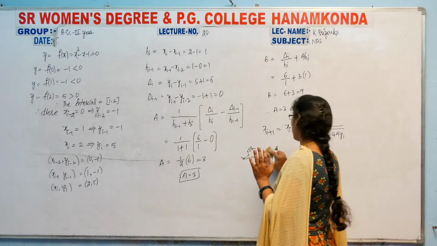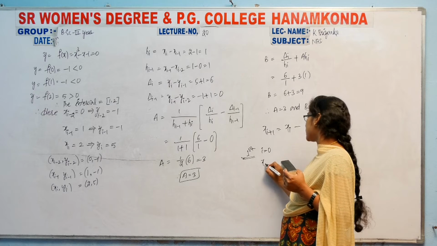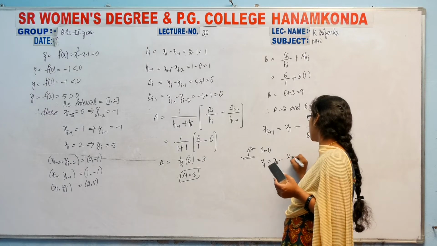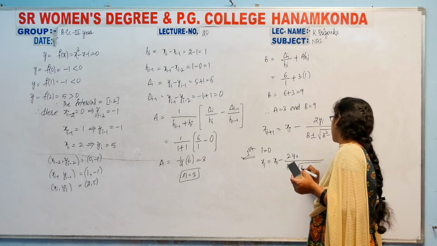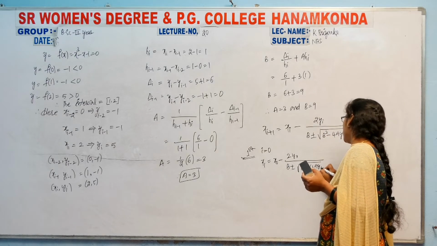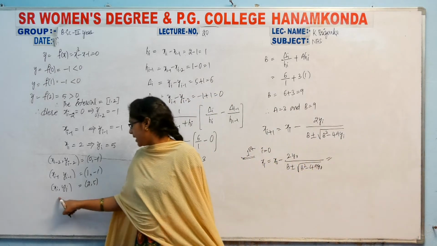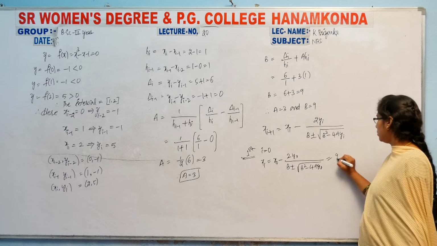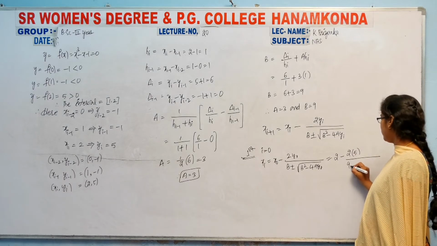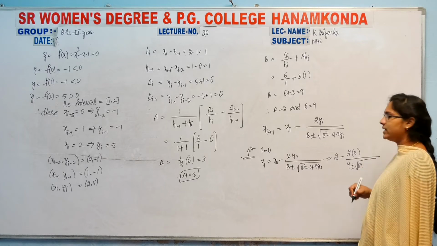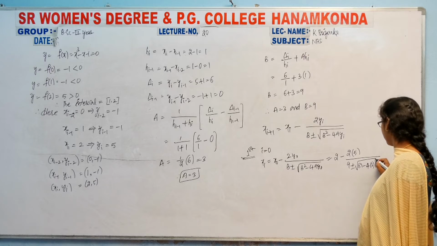Now what is x0? x0 means this one, 2. Minus 2 into 5 by what is b, 9 plus or minus square root of b square 81 minus 4, a is 3, y0 is 5.